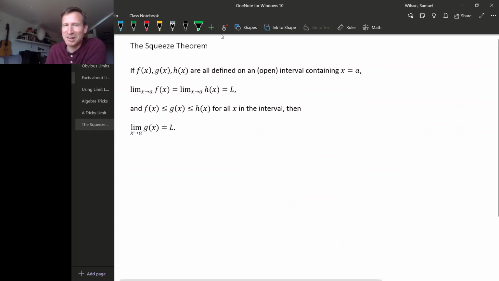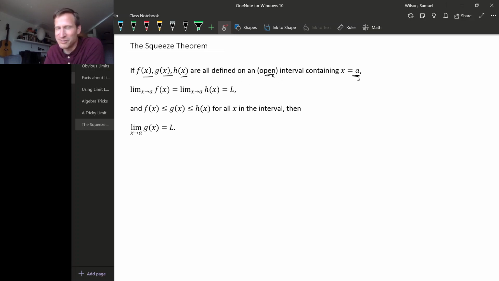When you write it all out with symbols, it looks like it's saying something a lot more complicated than it actually is. The technical way to say it is that if you have some functions that are defined on an open interval around the place where you're taking the limit, a, and the outside functions have the same limit, and g is stuck in the middle, then the limit of g is also that same value.